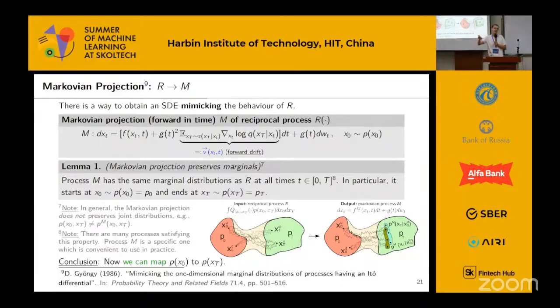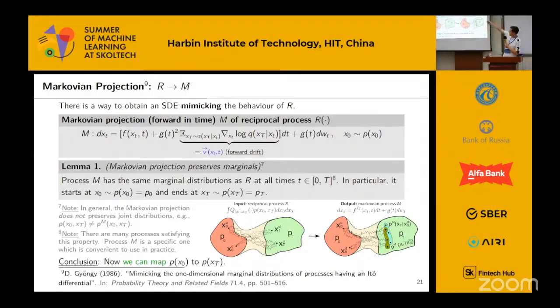In flow matching, to estimate this drift, we had to sample endpoints of our interpolation given the intermediate points of our interpolation. And we were not able to do this for many reasons, because the construction of our interpolation was kind of reversed. We first had to sample endpoints and then sample the intermediate point given the endpoints. So here the story is the same.